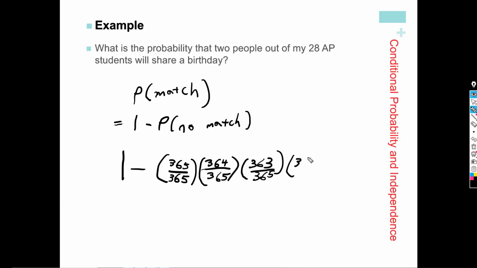So they have 362 days to choose from out of 365. And that goes all the way down to the 28th person. And by the time we get to the 28th person, they'll have 338 days to choose from out of 365 in order to avoid matching with everyone else.